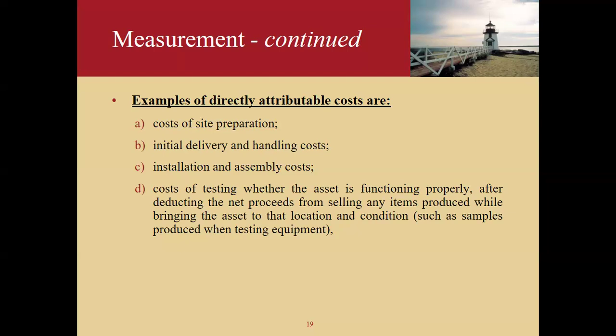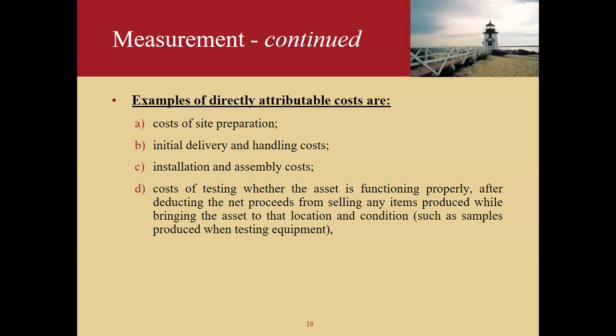So what the statement is trying to say is, sometimes the machines or whatever, the property, plant and equipment, we have to test it before it starts functioning. In the process of testing it, we may produce some goods or some products. If we sell them off, the net proceeds from selling those items, we shall deduct them from that cost.